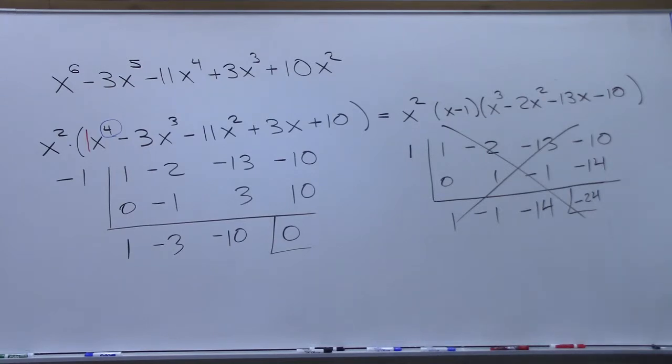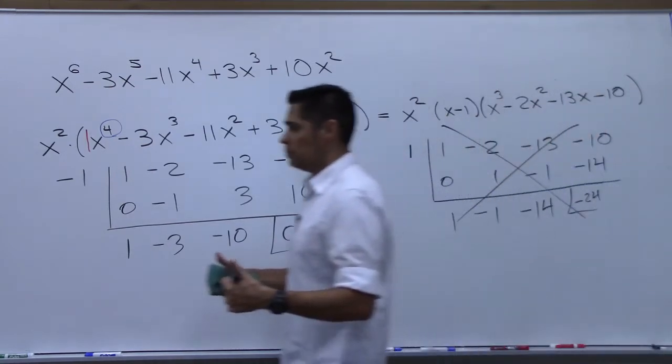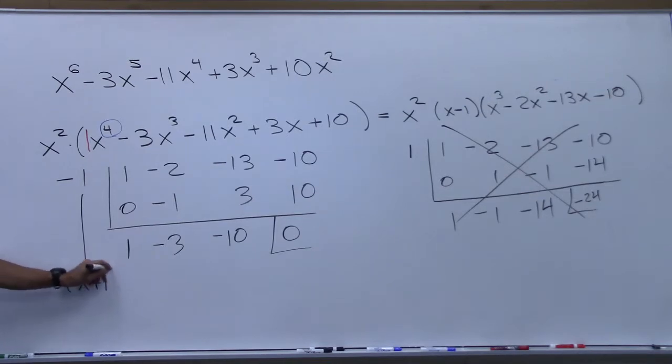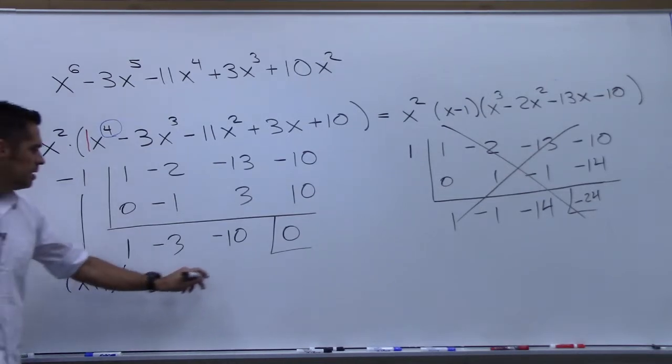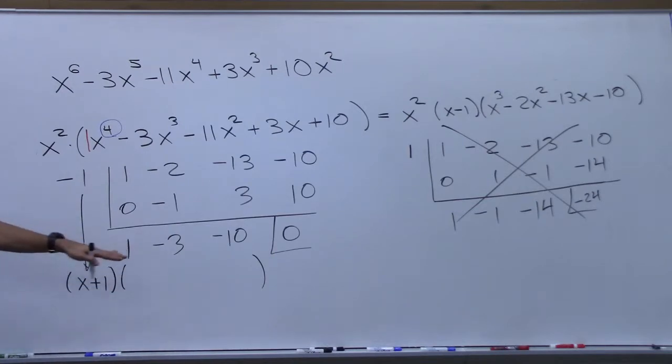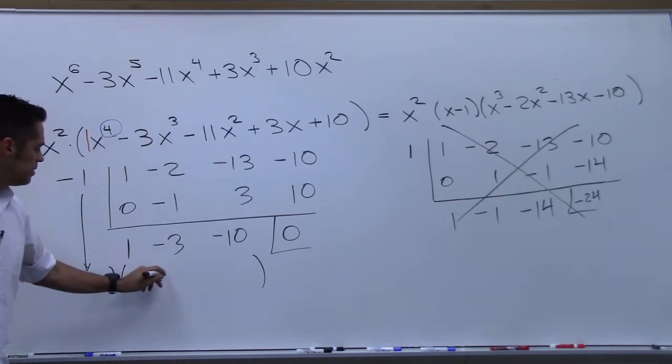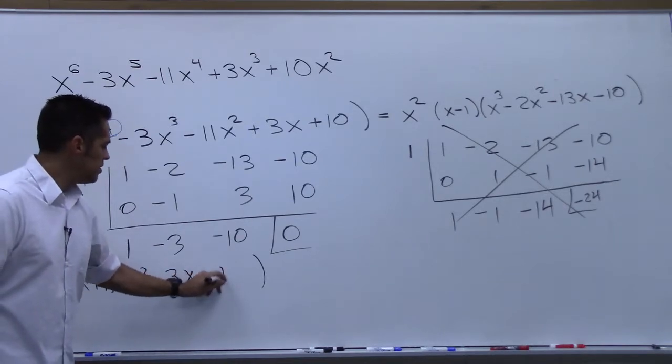Got it? Now, this tells me that I have a factor of x plus 1, right? And then what's in here? X squared, good. Minus 3x minus 10.